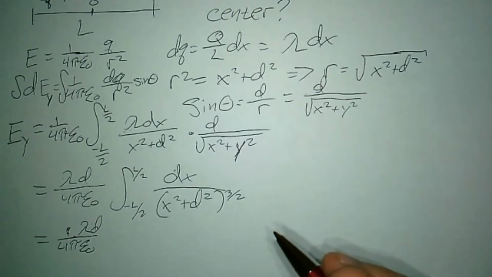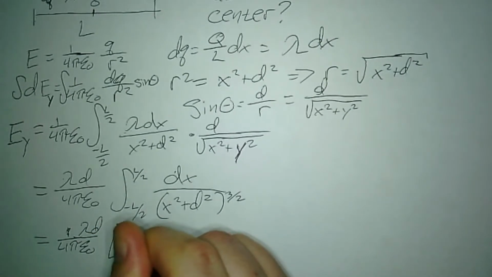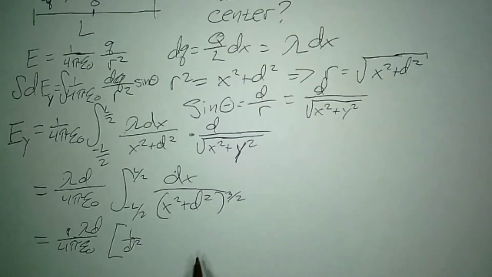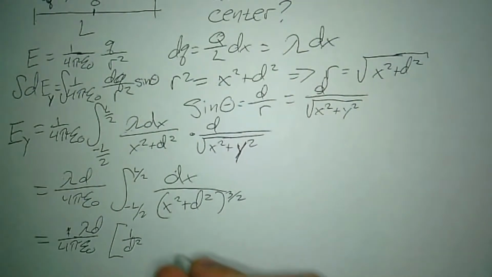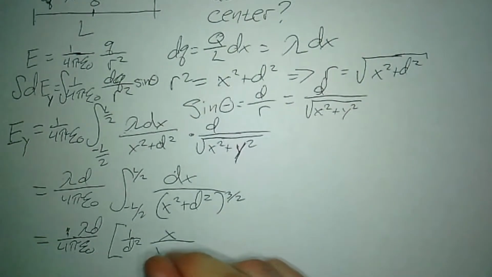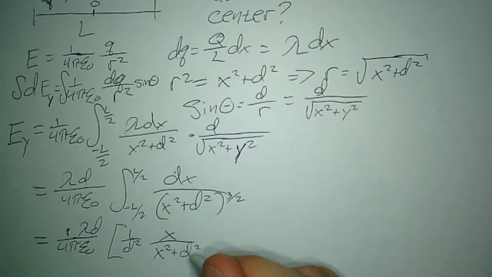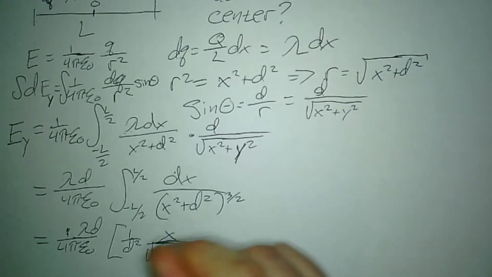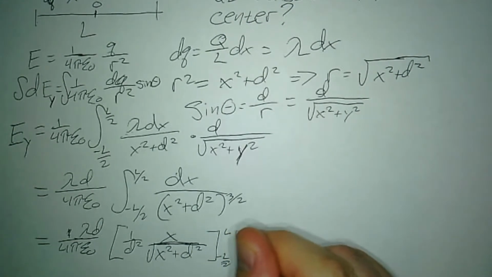I'm just used to writing 1 over 4 pi epsilon naught times, this is going to be 1 over d squared times, I think it's going to be x over x squared plus d squared, and we're evaluating that. Oh, I forgot my square root. Square rooted. We're evaluating that from minus L over 2 to L over 2.